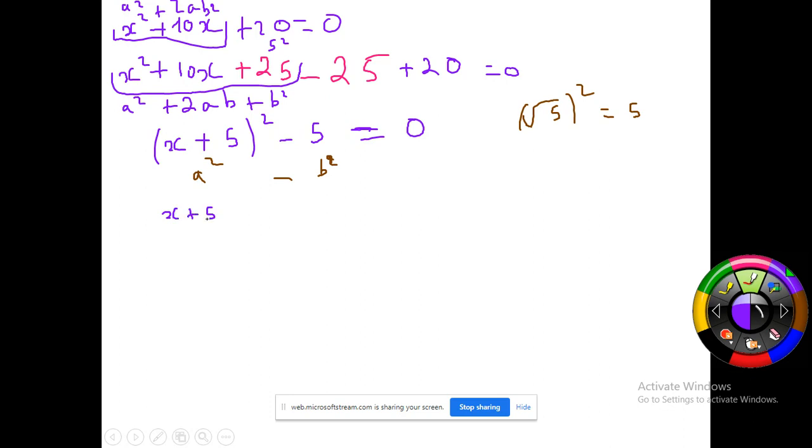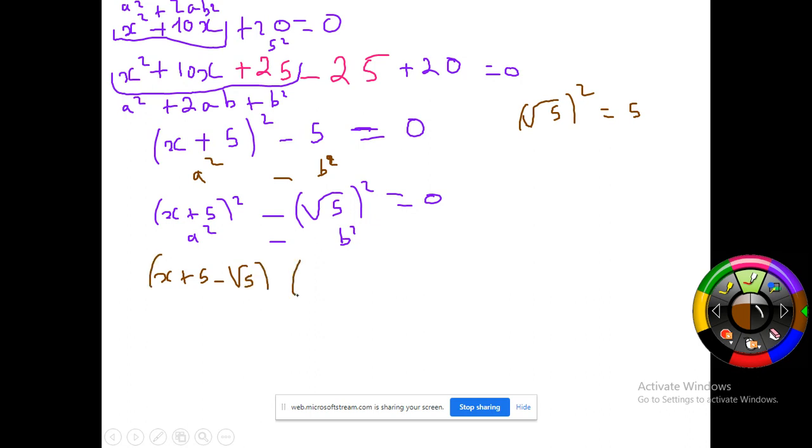So it's (x plus 5) squared minus (radical 5) squared. I can see it now. It's a squared minus b squared. So the factorized form is (a minus b)(a plus b). Okay, a means x plus 5 minus radical 5 times x plus 5, this is a, plus radical 5 is equal to 0, and I solve it normally.